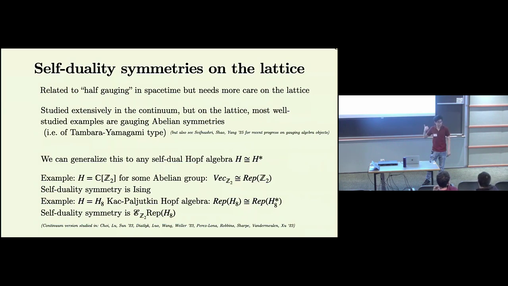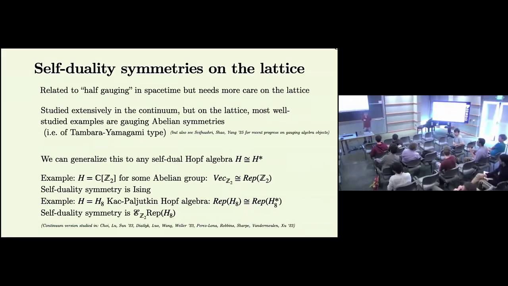Gauging an algebra object might not be self-dual. So let me just at least assume that the dual category is the same. I'm saying, would that be sufficient for finding a self-dual Hopf algebra? If not, because a Hopf algebra is more data than just a symmetry. I'm saying that finding a self-dual Hopf algebra, how much does it restrict the symmetry and the algebra object that you're gauging? Yeah, that's a good point.